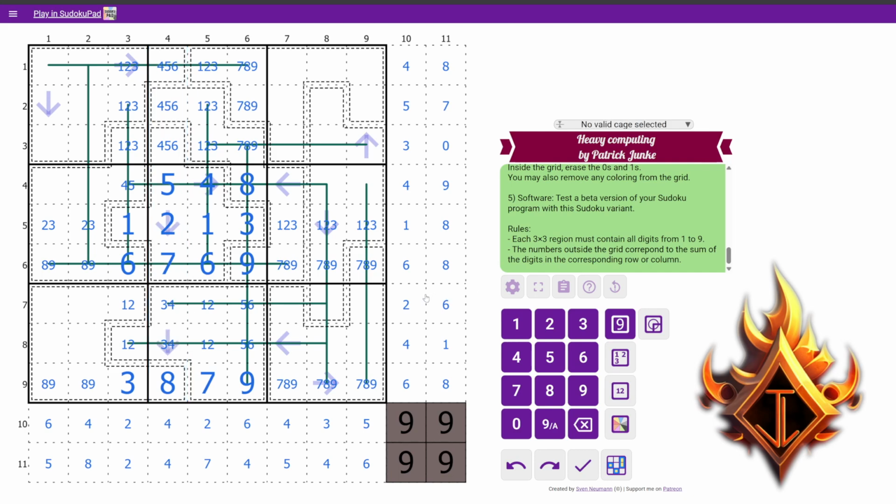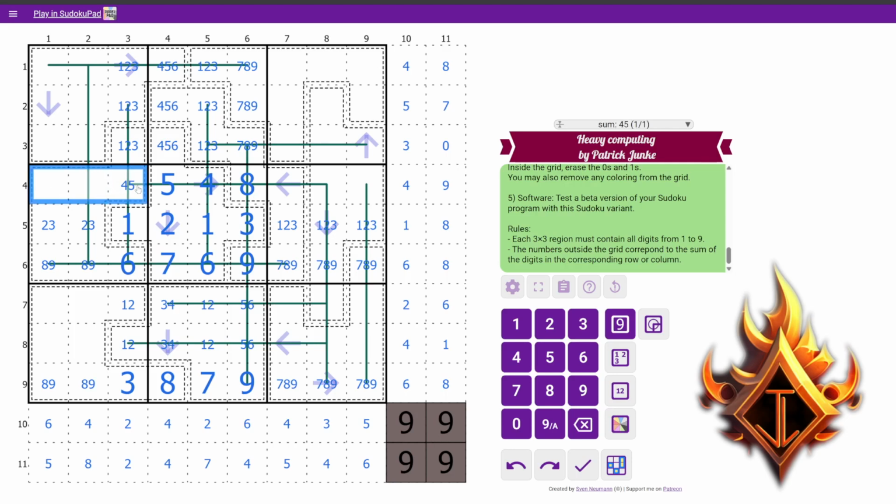So that one is correct. I don't think this one was, though.